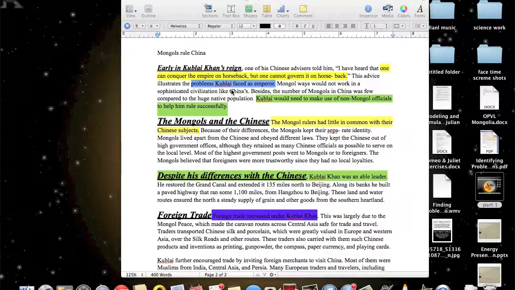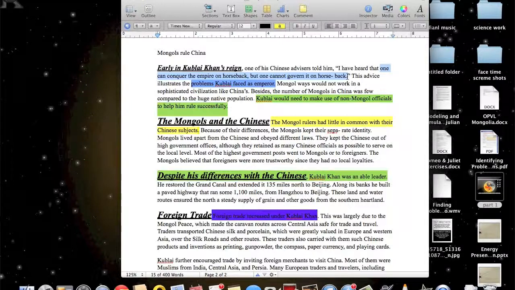Okay, so as you can see, I have the problems highlighted in yellow, the solutions for those problems highlighted in green, the outcomes highlighted in purple, and the people's problems highlighted in blue. So the first problem was that one can conquer the empire on horseback, but cannot govern on horseback.